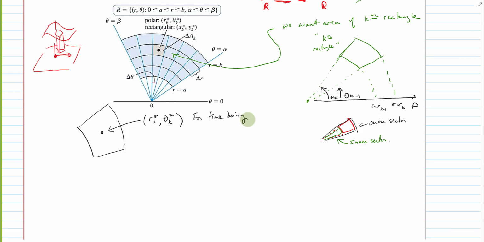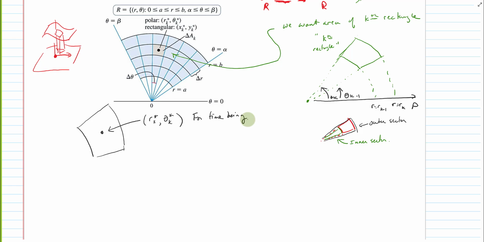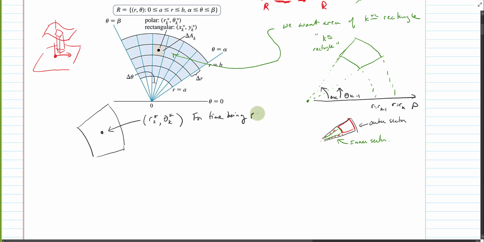Remember way back when you did Riemann sums in Calculus 1, you did the left endpoint method, the right endpoint method and the midpoint method. And eventually you said, if this limit exists for any one of them, it exists for all of them and it's the same thing. So it doesn't really matter which method we use initially in our approximation. If the limit ends up existing, it's the same no matter what we pick. So for the time being, we're going to pick the midpoint.